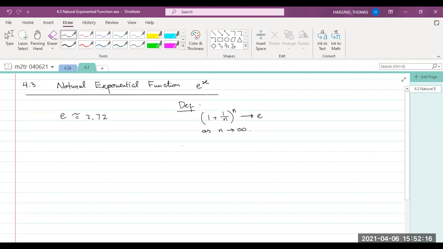Okay, in calculus 2, we actually need to prove that. In calculus 2, the way it is defined is, when x goes to infinity, (1 plus 1 over x) to the x equals e.